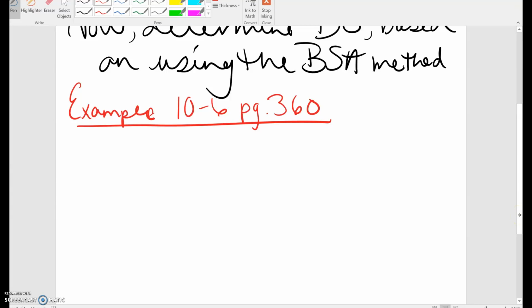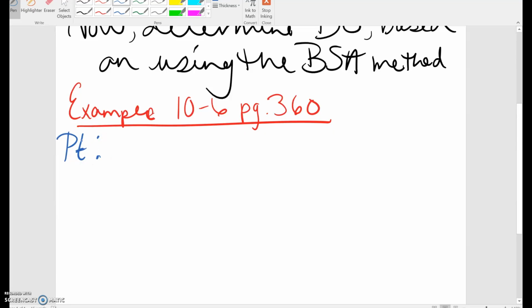And it reads that if a physician orders Cytoxan 50 milligrams per meter squared per dose IV for an adult who is 55 inches tall and weighs 160 pounds, what dose should be given? Well, first things first, within this example, you're going to pull out the information that you need.